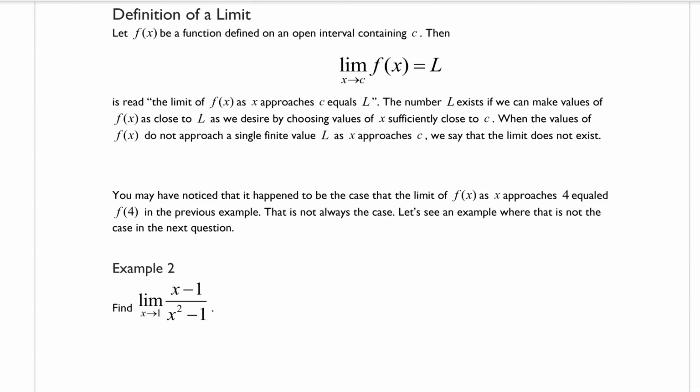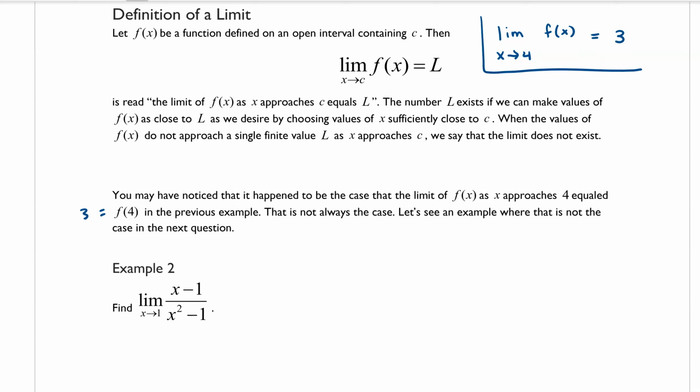You may have noticed that it happened to be the case that the limit of f of x as x approaches 4 equaled f of 4 in the previous example, and we evaluated f of 4 to be 3. So in the previous example, the way that we would have written that is the limit as x approaches 4 of our function f of x was equal to 3.